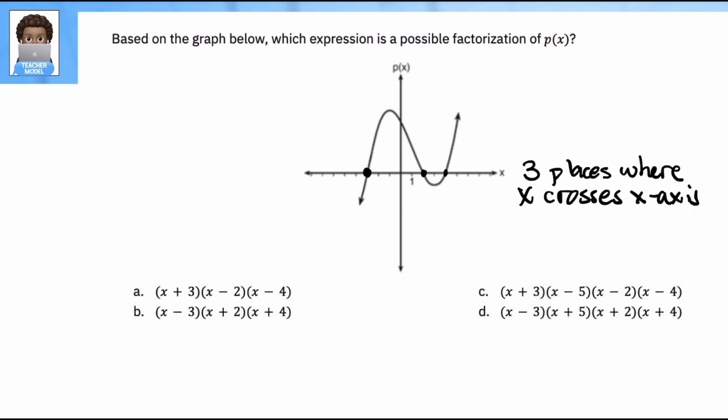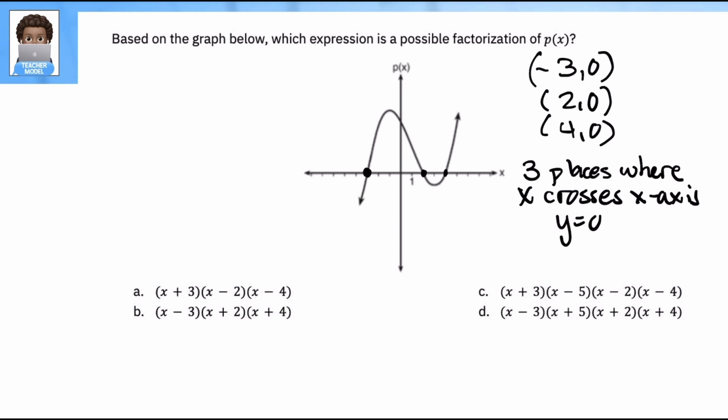In other words, where y equals 0. Happens 3 times. So it's happening at -3, it's happening at 2, and it's happening at 4. So in those places, that's where we're noticing it.